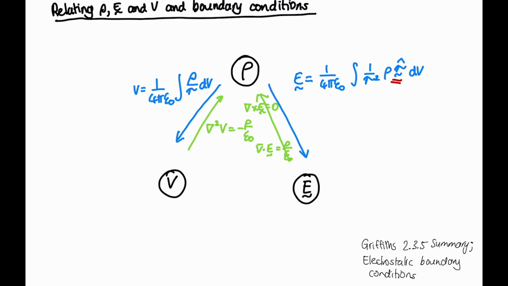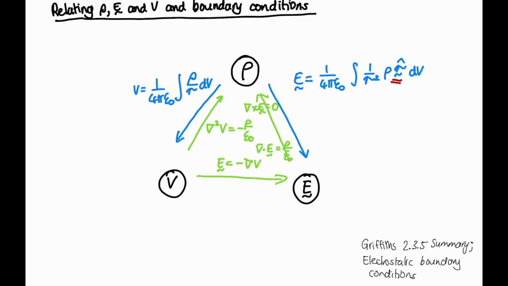And then if we want to get between the voltage and the electric field, well, it's relatively easy getting from the voltage to the electric field, because again, that's taking a derivative. So the electric field is equal to minus grad V, which will give us a vector because we differentiate in each direction.